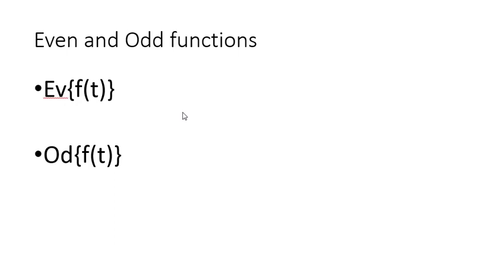But most of the functions are neither even nor odd, you remember, right? In that case, we can write any function in terms of an even function and an odd function. Also, make sure that you refer to your class notes and the slides to be comfortable with even and odd functions.